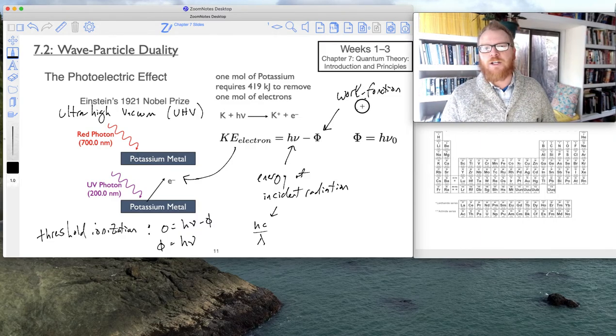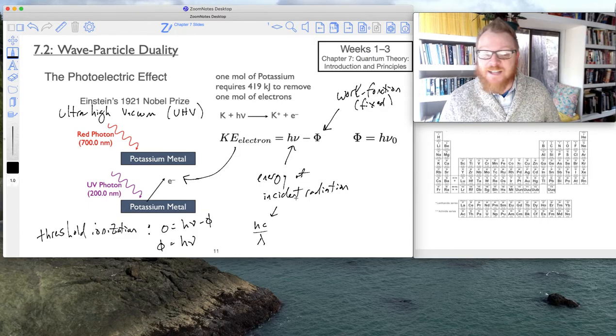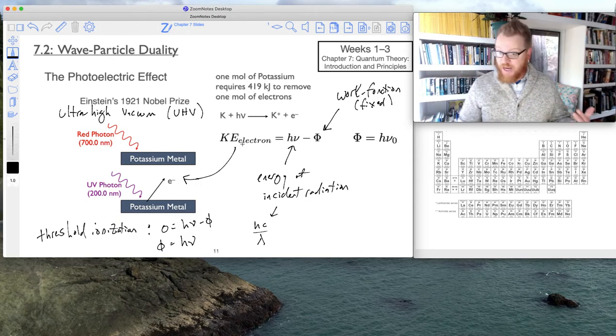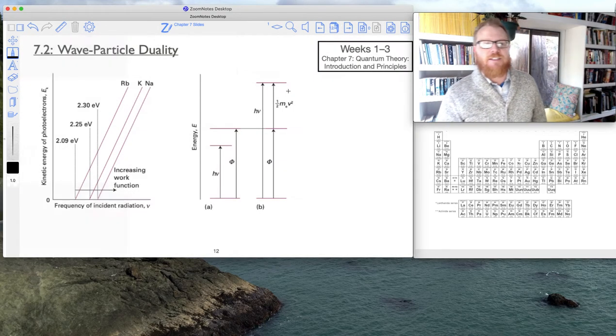So the work function is a fixed quantity. It's a constant, okay? In a well-designed photoelectric effect experiment, you can tune the energy of incident radiation, and as you tune that beam of incident radiation, you change the kinetic energy of the electron. And this is what would happen. This is what you would observe, okay?